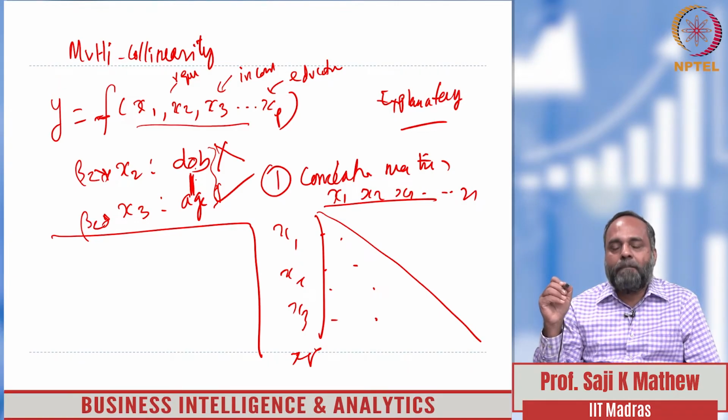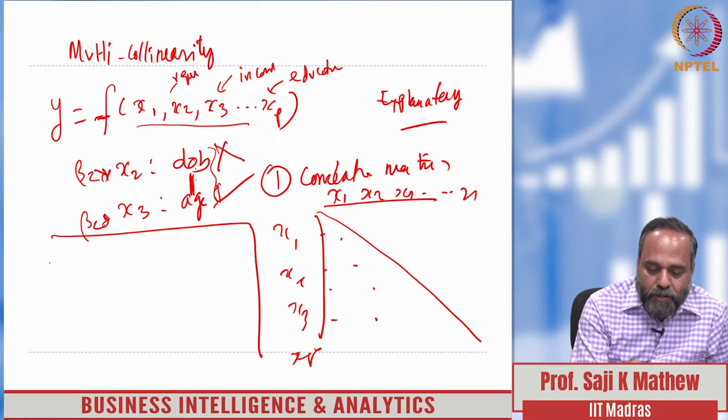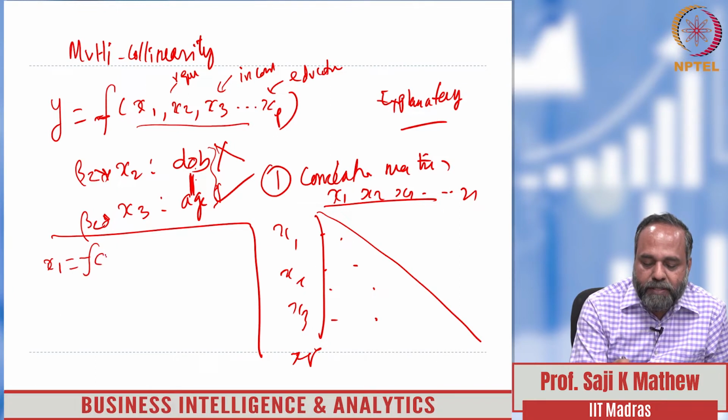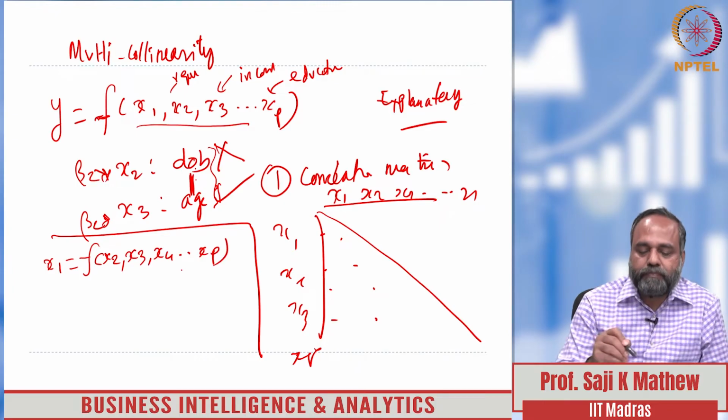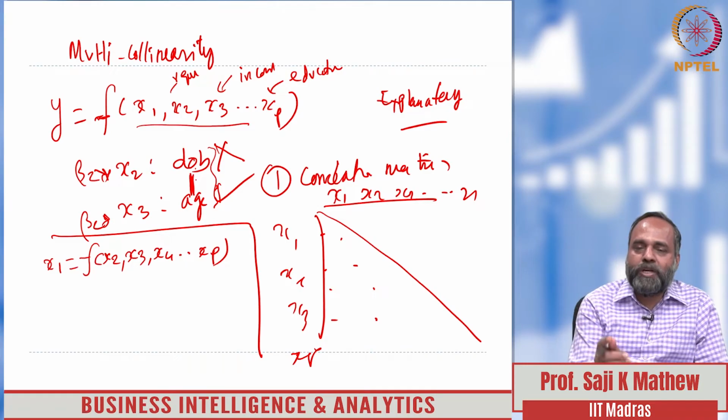It is only looking at pairs. It is also possible that the information in x1 is contained in x2, x3, x4, ..., xp. In that case, what do you do? The correlations don't help because they only look at pairs.